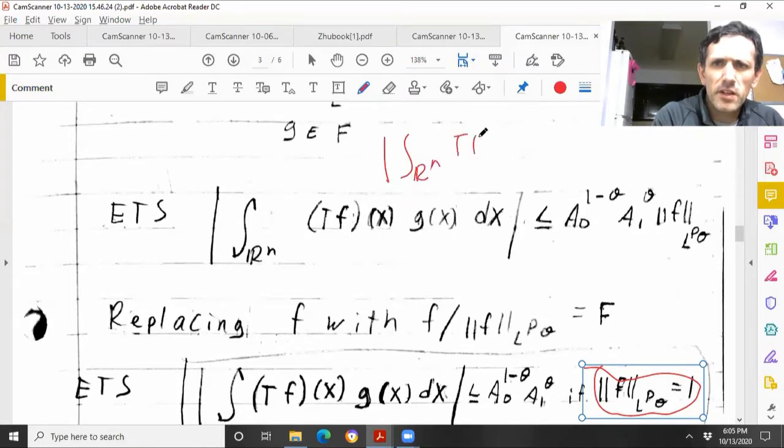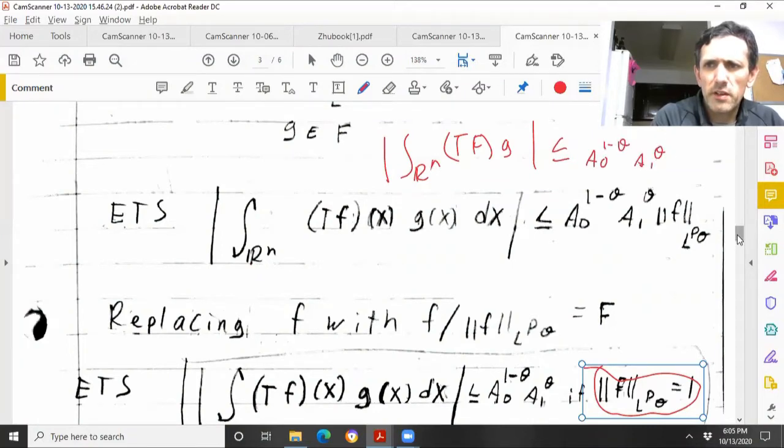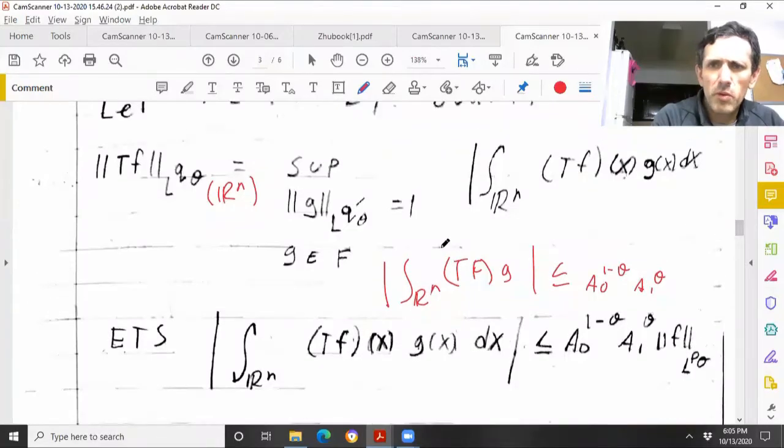that the integral of Tf times g is less than or equal to A_0^{1-θ} A_1^θ. But what this whole thing really is equal to is, maybe I'll do this here.